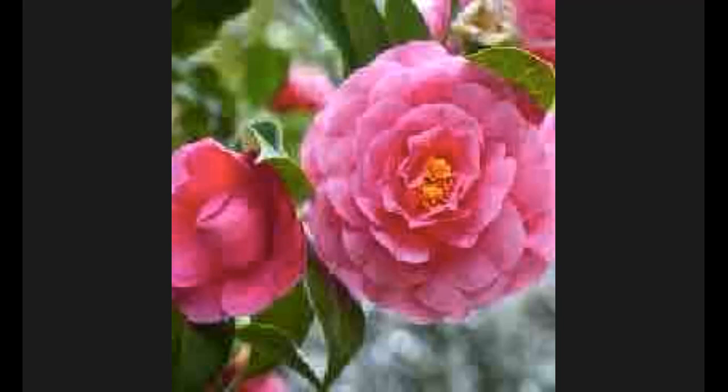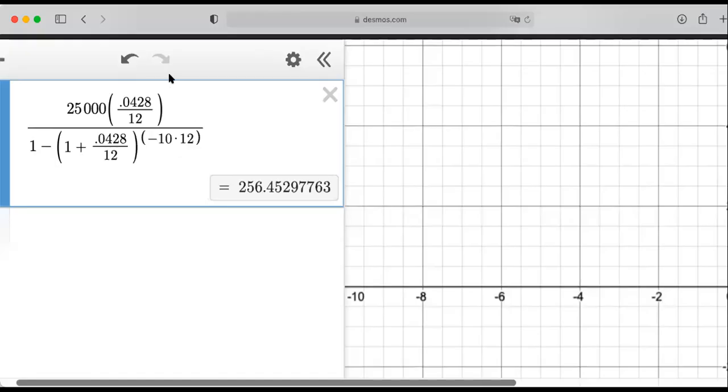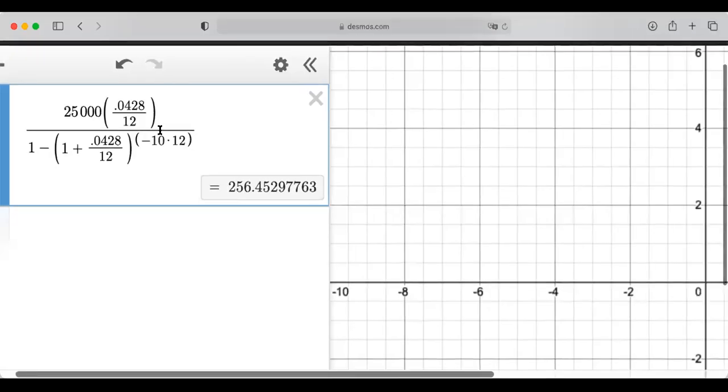Okay, so I'm going to share my screen. And as you can see, I've entered the formula. So I put the $25,000 here. Here's the interest rate. The interest rate's here again, 1 minus that 1 plus R over N to the negative NT. A few things that can go wrong that I occasionally do is sometimes I forget to put that 0 here. I'll just put 0.428. Make sure you have 0.0428.